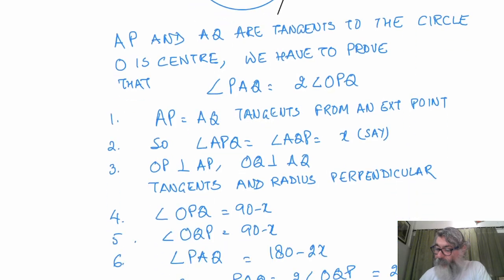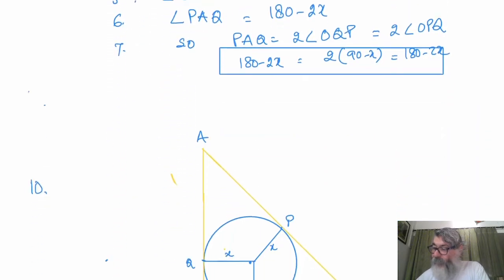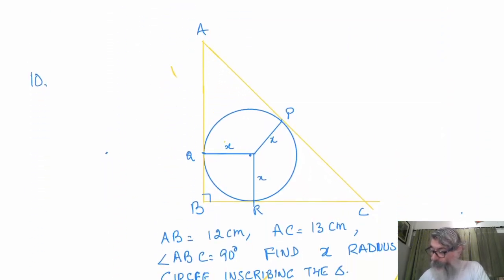This is question number 9. Now let us see question number 10. What is question number 10? Let us see. He has shown you a right angle triangle whose one side AB is 12 centimeter, AC is 13 centimeter.